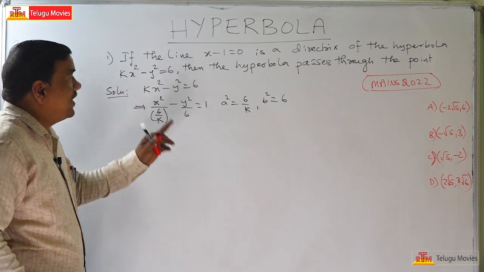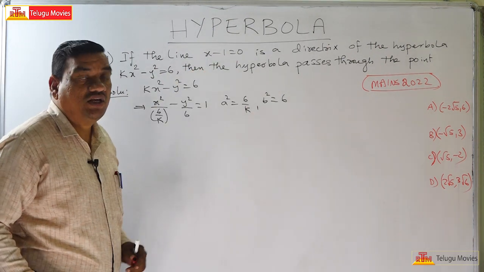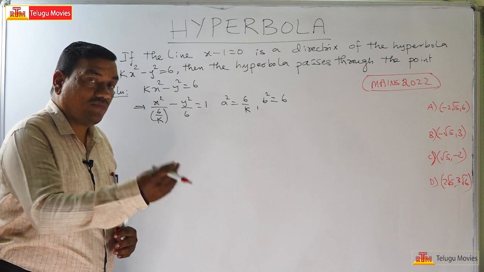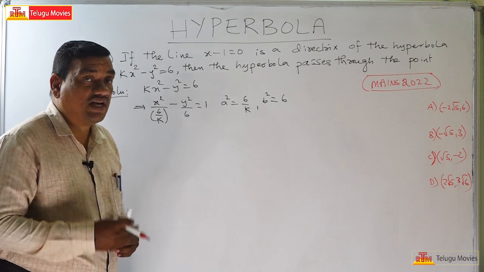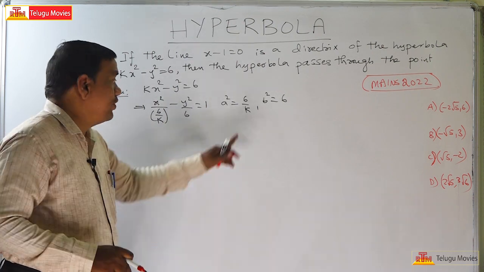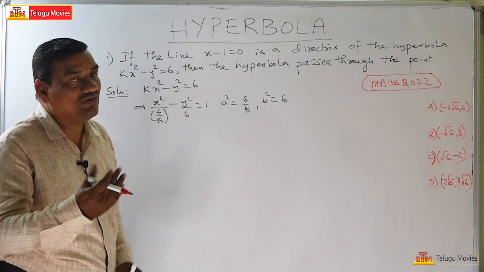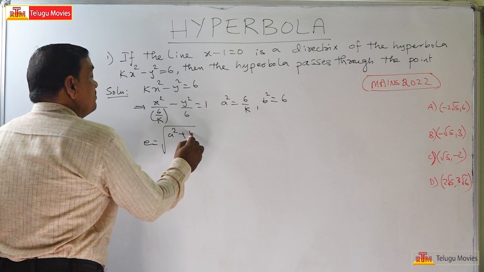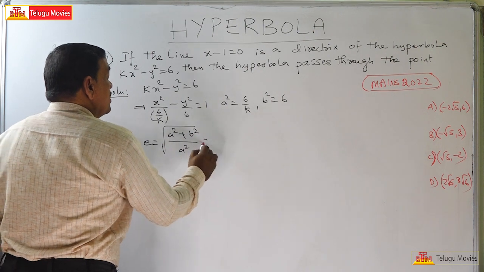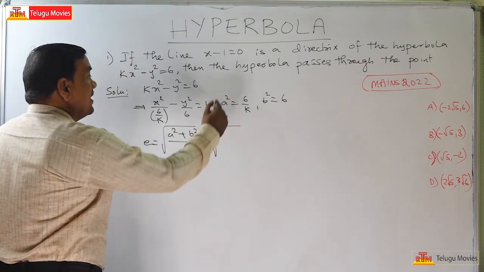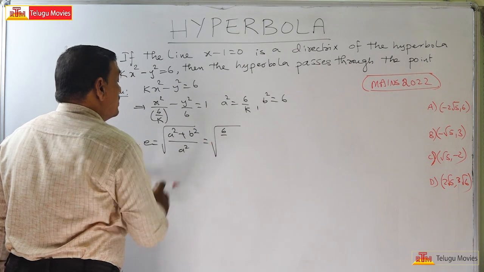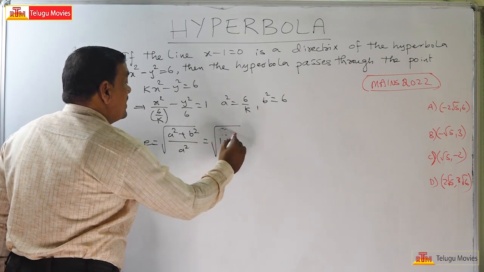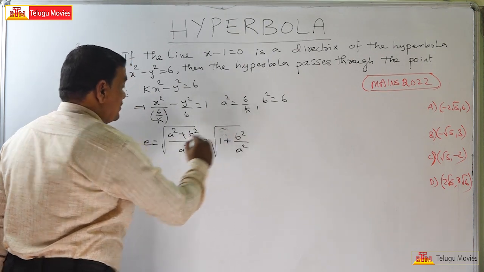First to find the equation of the directrix, x is equal to plus or minus a by e. A we know, e you have to find out. E means eccentricity. E is given by the square root of a square plus b square by a square, which you can write as the square root of 1 plus b square by a square.